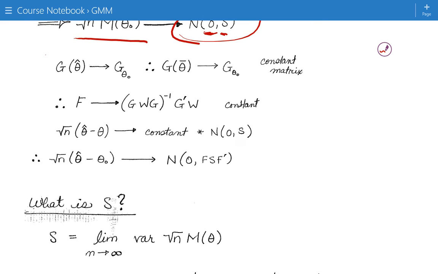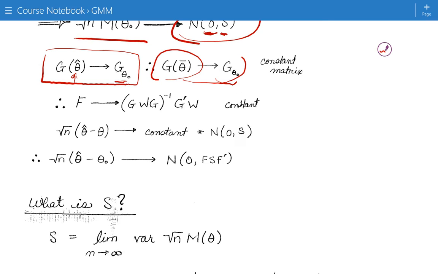Now, G at theta hat goes to G at theta naught. This is because theta hat is a consistent estimator, and therefore G of theta bar also goes to this, because remember theta bar is sandwiched between theta hat and the true value.